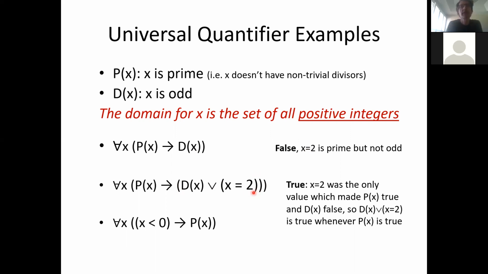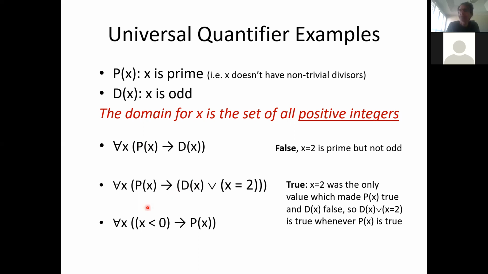So what does this say again? For all integers, if an integer is prime, then it must be the case that either this integer is odd or the integer is 2. In other words, every prime has one of the two properties: it is either 2 or it's odd. In other words, every prime greater than 2 is odd. Now that is true.